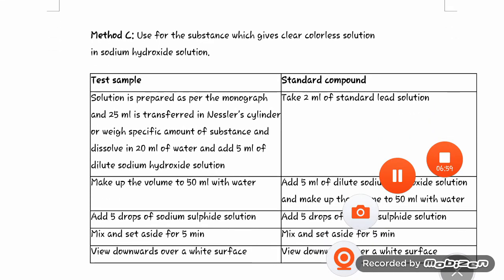Then method C is used for the substance which gives clear colorless solution in the sodium hydroxide solution. So, test sample and standard we will make. First, the solution is prepared as per the monograph and 25 ml is transferred to the cylinder. Weigh a specific amount of substance and dissolve in 20 ml of water.